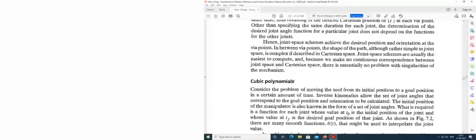So how has the problem been defined? The problem is defined in the following manner. Say these are the joint variables. Say this is one of the joint variables. For a 6 degree of freedom system, we will have 6 theta values. Let's say among those 6, this theta is one of the degrees of freedom.